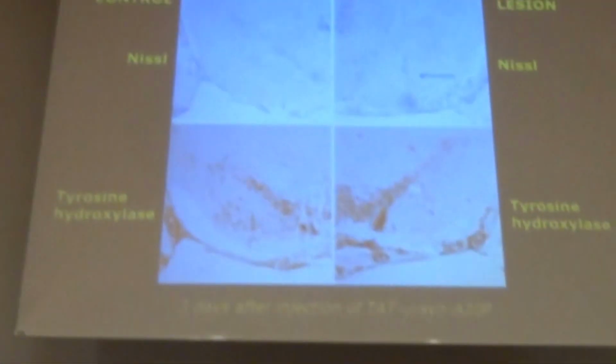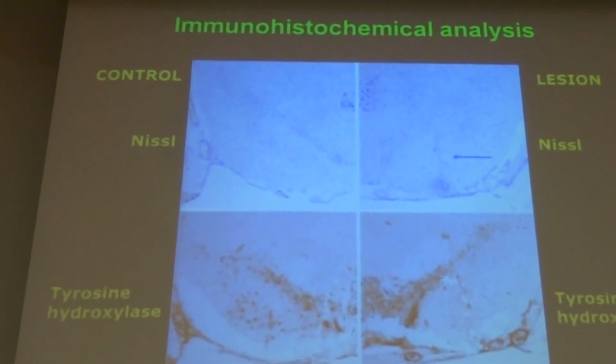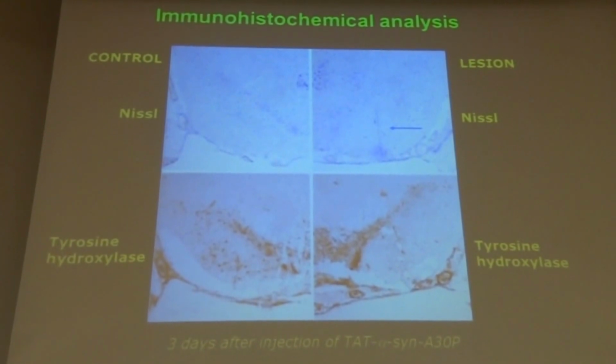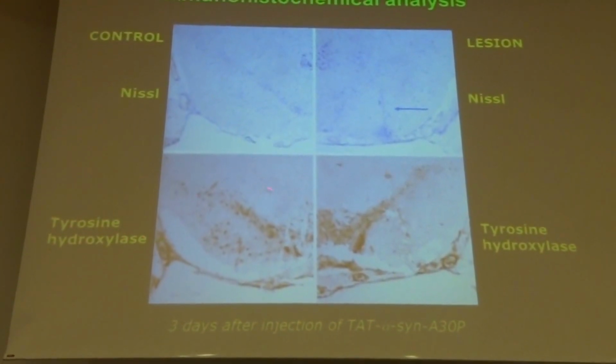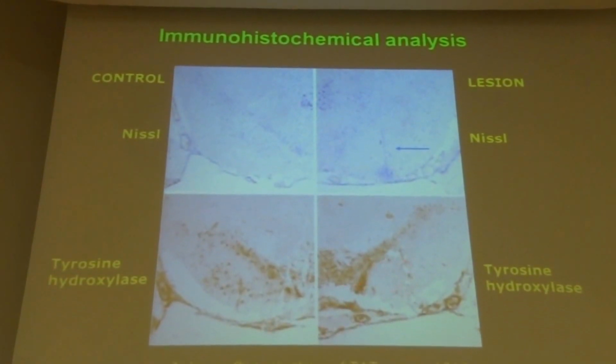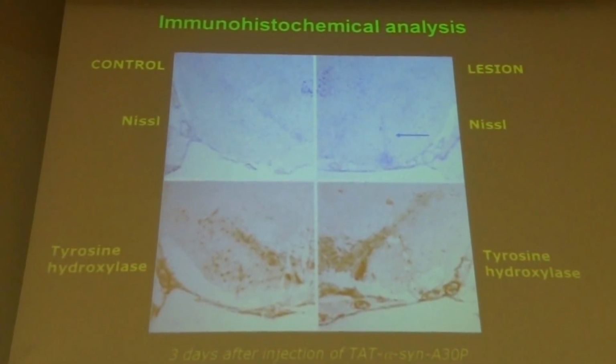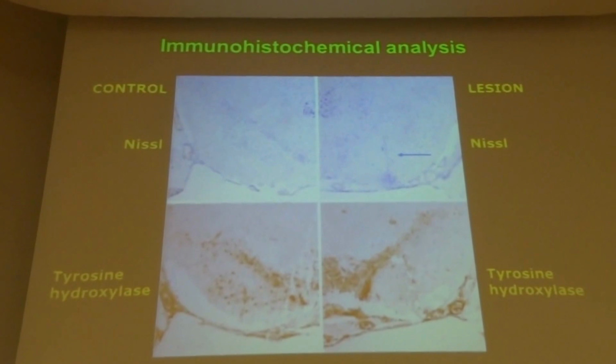So if you do this and look at staining in the substantia nigra for tyrosine hydroxylase, after 3 days you see loss of cell bodies by Nissl stain and loss also of TH staining. About 30% of cells are lost after 3 days. It's quite a rapid cell loss.